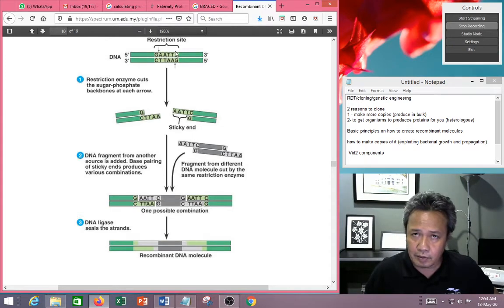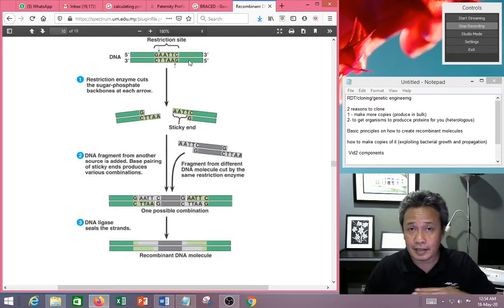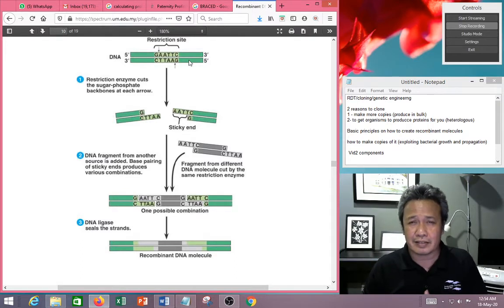And they are complementary. So this G with C, T. So there's nothing wrong with the complementarity. So the top and the bottom sequences are the same, but they are read anti-parallel. And this is what we call palindromes. And this is one of the important characteristics of restriction sites. These enzymes recognize sites that are palindromic.